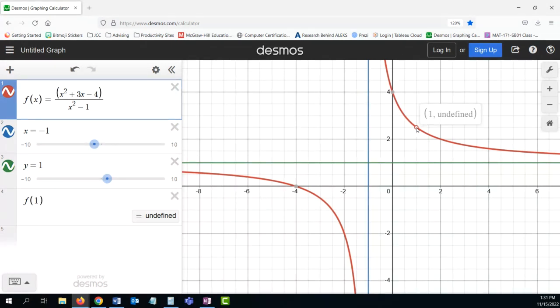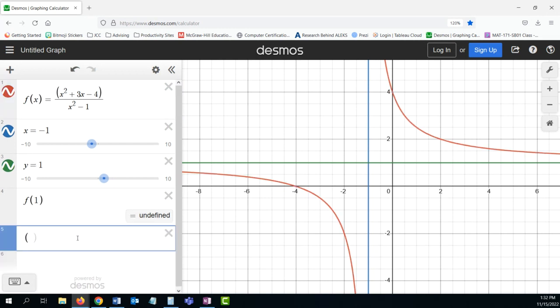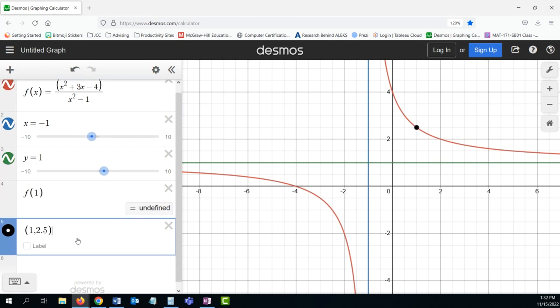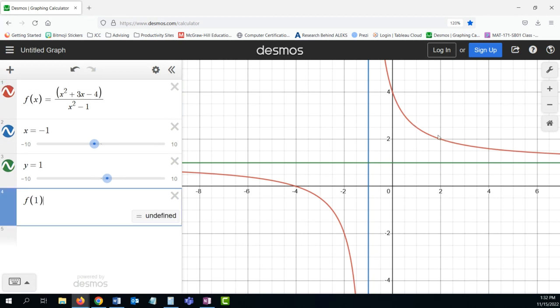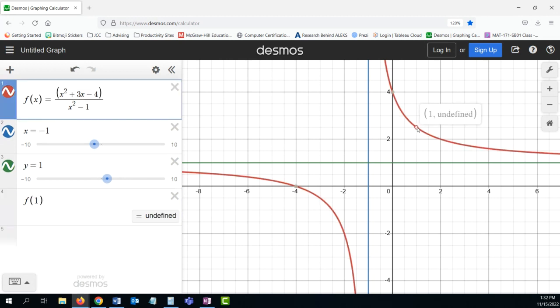You won't see these holes in the graphs; you'll have to go find them. If you graph this on a calculator or on Desmos, notice that the hole's not just sitting out there. But I can plot a point. I believe that's what it is. Okay, so it lives right there.